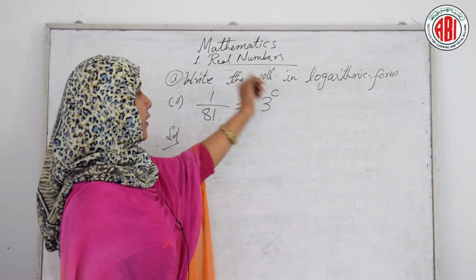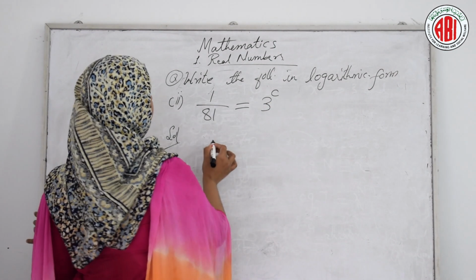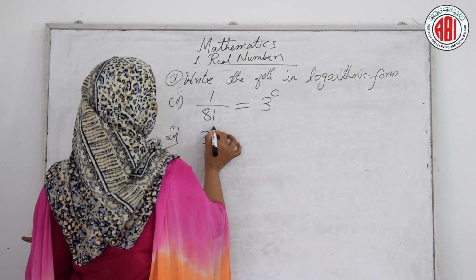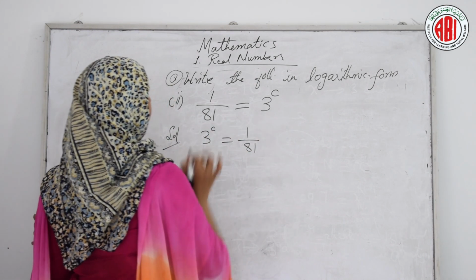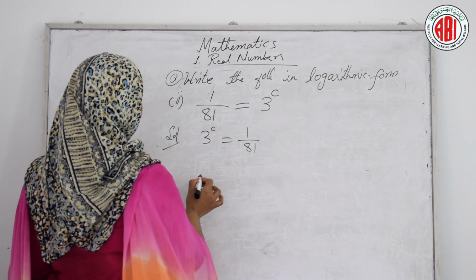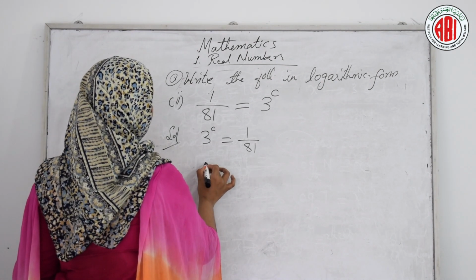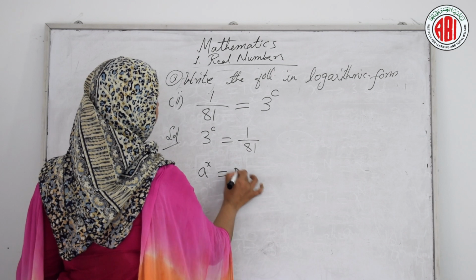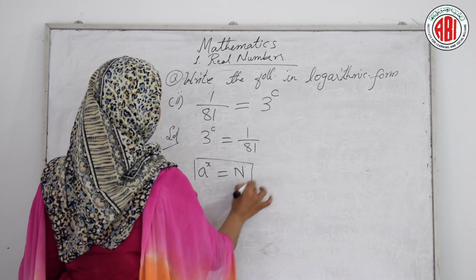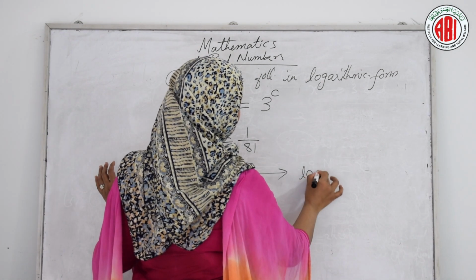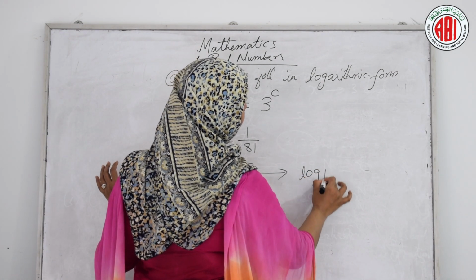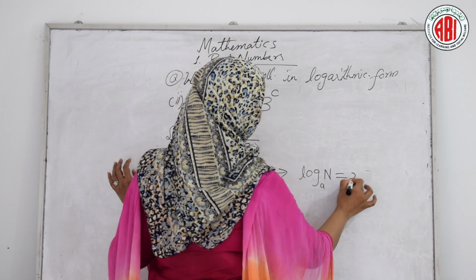Write this: 3 to the power c is equal to 1 by 81. That is a to the power x is equal to n, the exponent form. Convert in the logarithm form: log base a, n is equal to x.